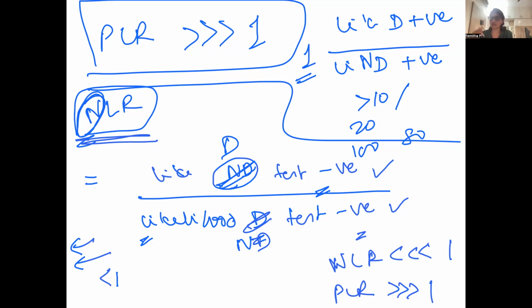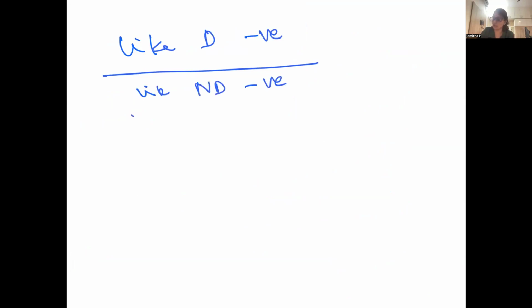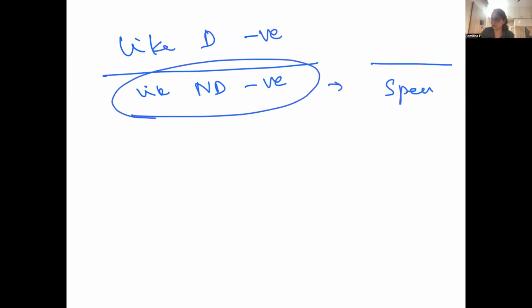Now, just like we converted to sensitivity and specificity, where PLR is sensitivity divided by 1 minus specificity, we're going to do the same thing here. So what would this be? The likelihood of a diseased patient getting a negative result divided by the likelihood of a non-diseased getting a negative result. The bottom one is specificity, right?